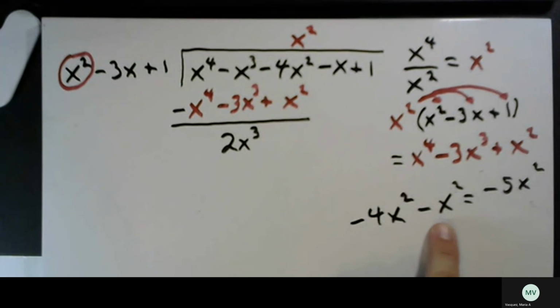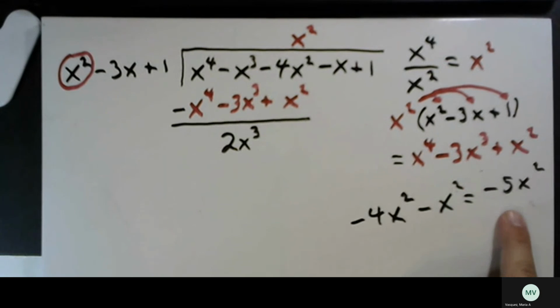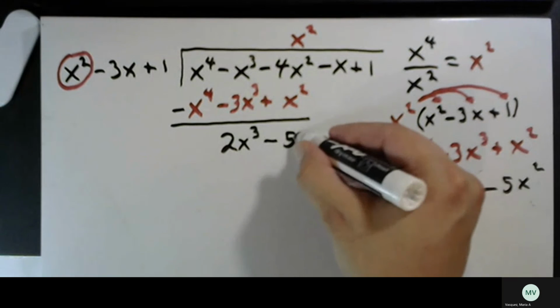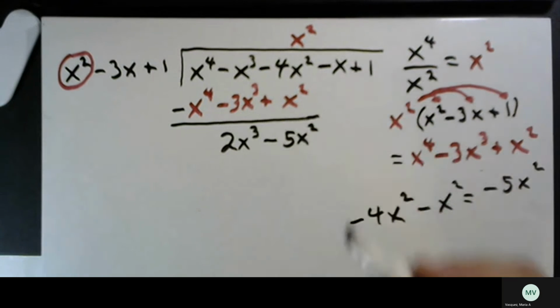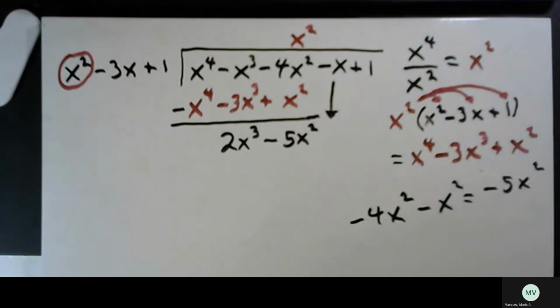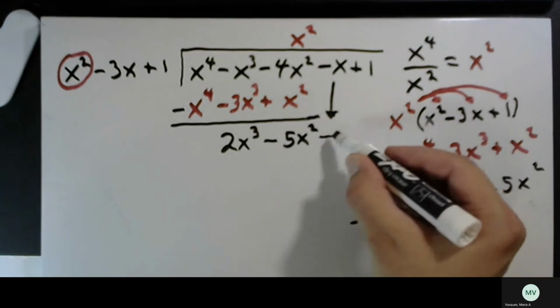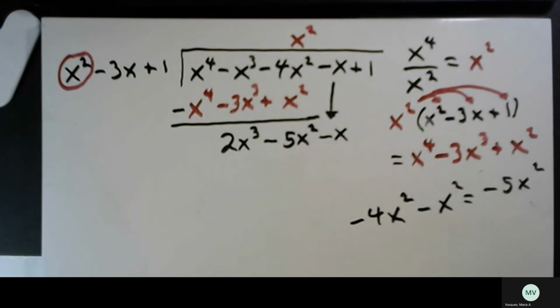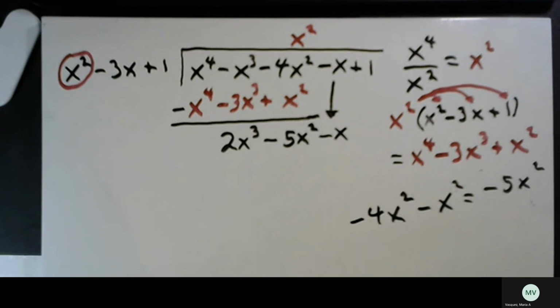It got a degree colder. Now it's going to be minus 5 degrees. Then we bring down this next term. And that's the first cycle of division. Questions about that? No.